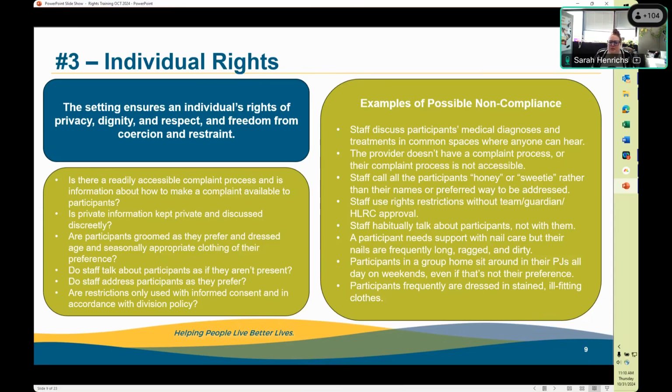But if the participant needs support with dressing and choosing clothing and they're not being supported to maintain a dignified appearance because staff just don't care, that's where we're getting into problems with this type of thing. Any questions about this?